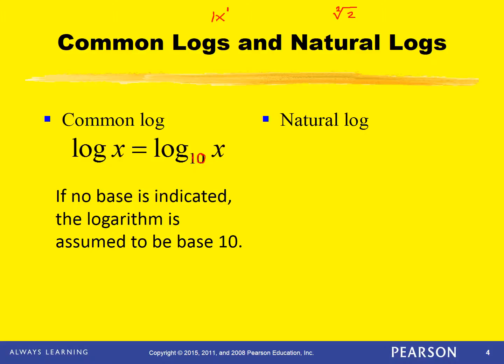Natural log, we have a special way of writing that, and that is ln. That means it's log base e, where of course e is that number that we have learned about, which is approximately 2.72.